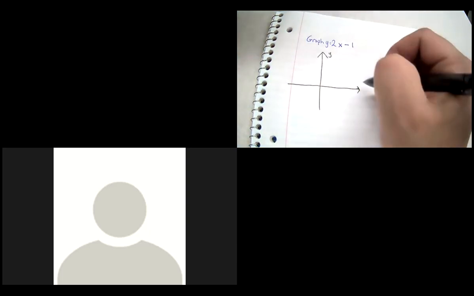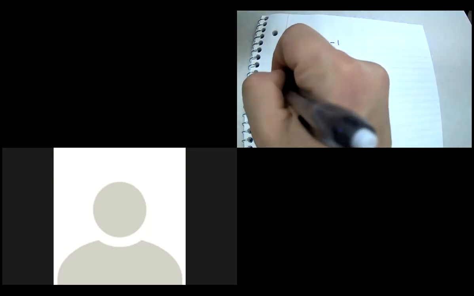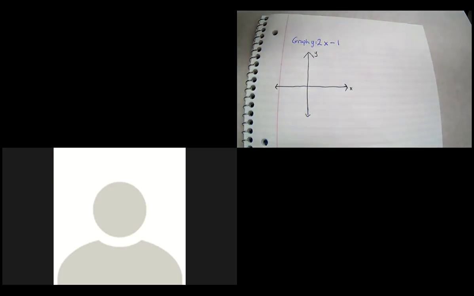So let's make an x and a y grid, a coordinate plane. We should label our y, label our x. Generally, you won't have to do this. I'll already give them to you. I like to go up to 5. That should give us enough. 1, 2, 3, 4, 5.